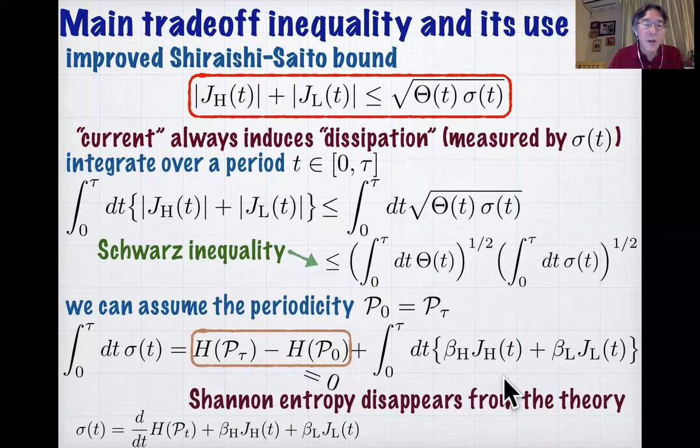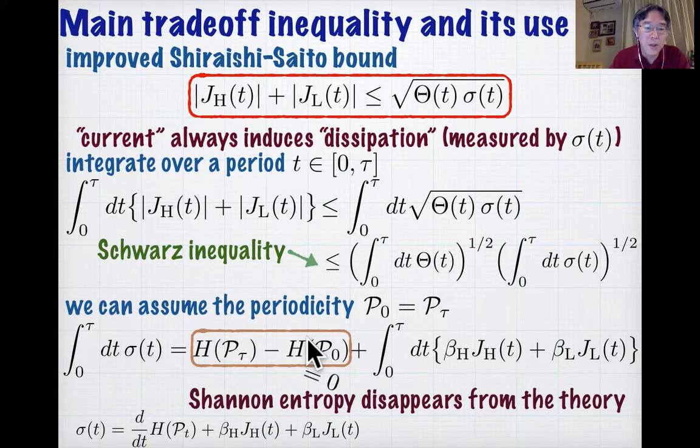Then I say that we can assume that this P0 is periodic in time. This may not be true in the beginning, but suppose that you operate this heat engine for quite a long time, and then you can show that everything settles in a totally periodic manner. So you can safely assume that P0 equals P tau.